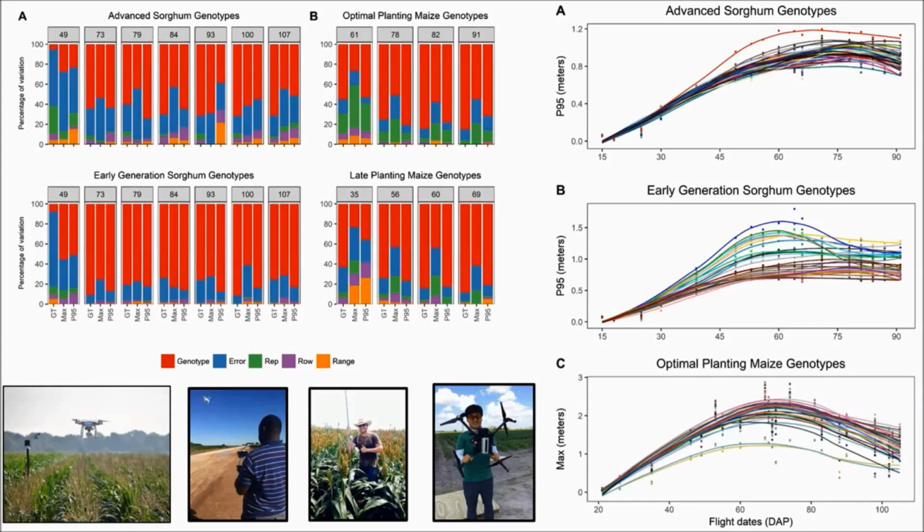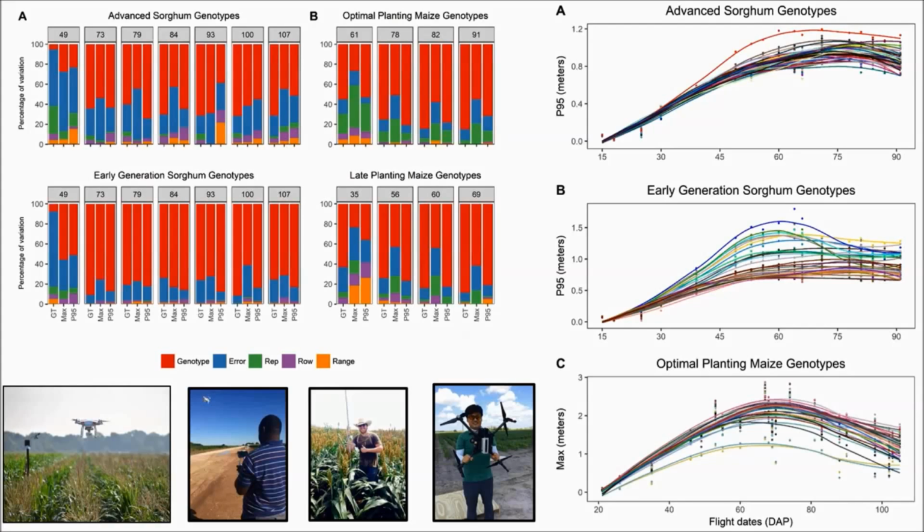So here we showed a couple of different percentiles of the point cloud data that was generated from structure from motion. In this case, we have the max percentile and the 95th percentile. And as you can see, there is a difference between the two. But overall, the UAS are actually very good at explaining genotypic variation, and that's really important for breeders.